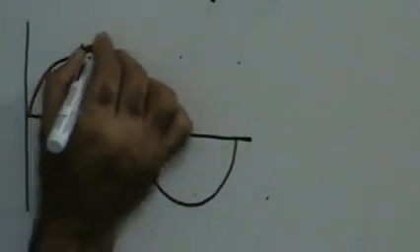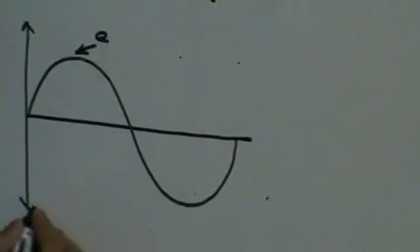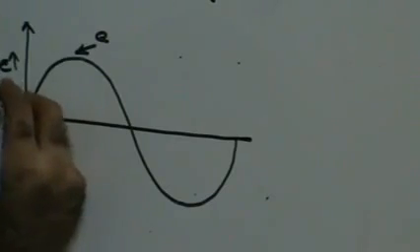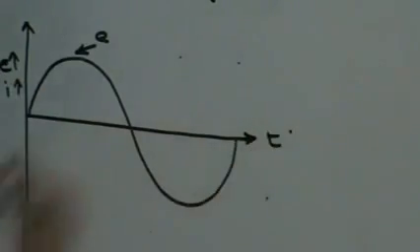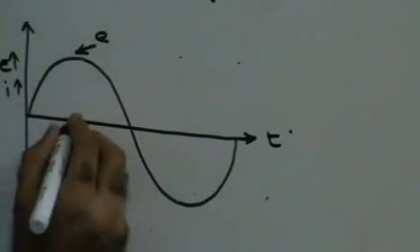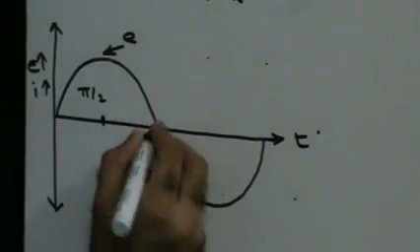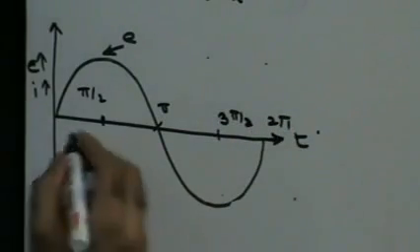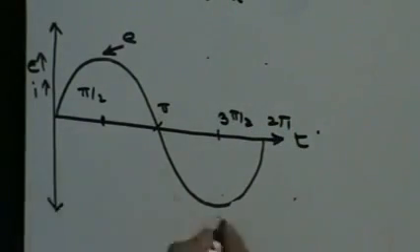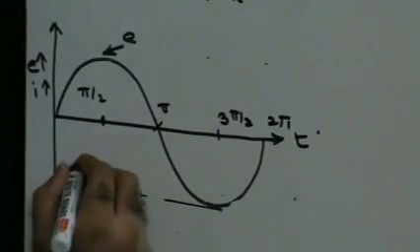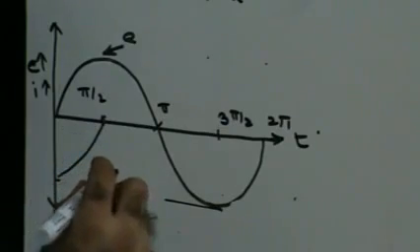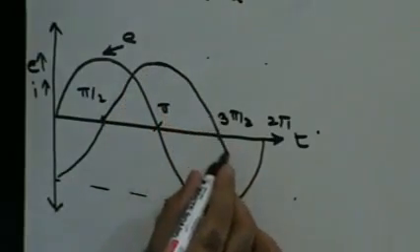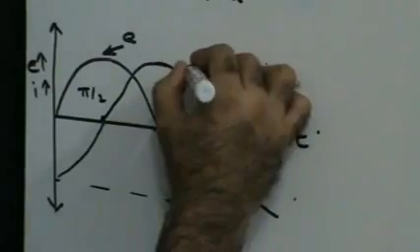suppose this is my EMF wave, where I'm assuming EMF and current on the y-axis and time on the x-axis, with pi by 2, pi, 3 pi by 2, and 2 pi marked.